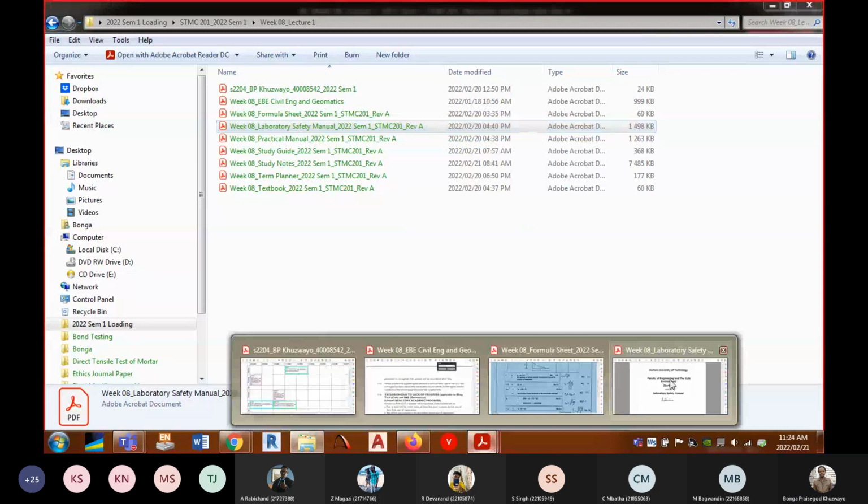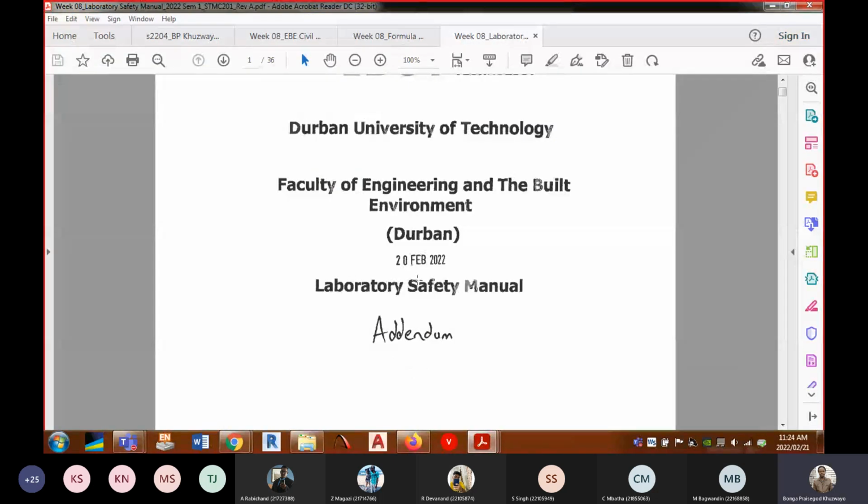So coming back to this, there are no chemicals in my lab. Basically, what we'll be using this semester is just 2 practical kits, one for bending moment, one for shear force. That's all. The weights we're going to use are very, very small. I think the maximum is 500 Newton, if I'm not mistaken.